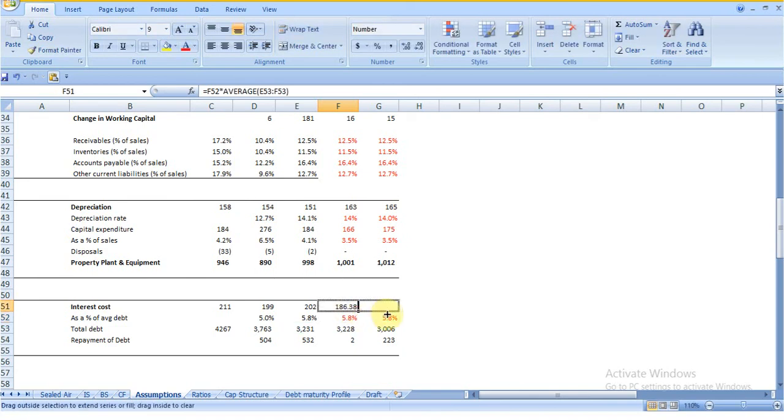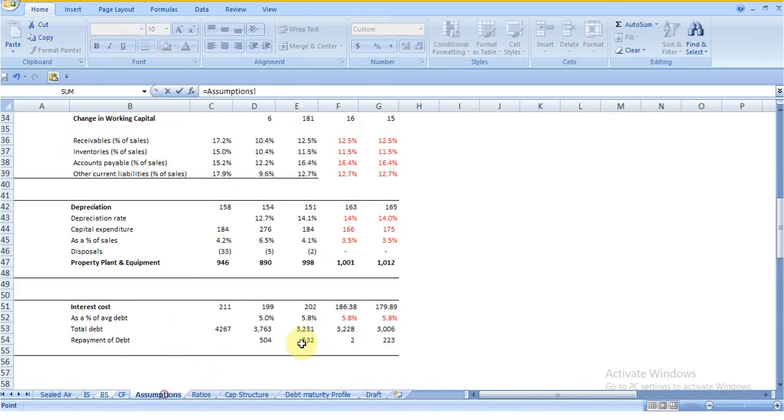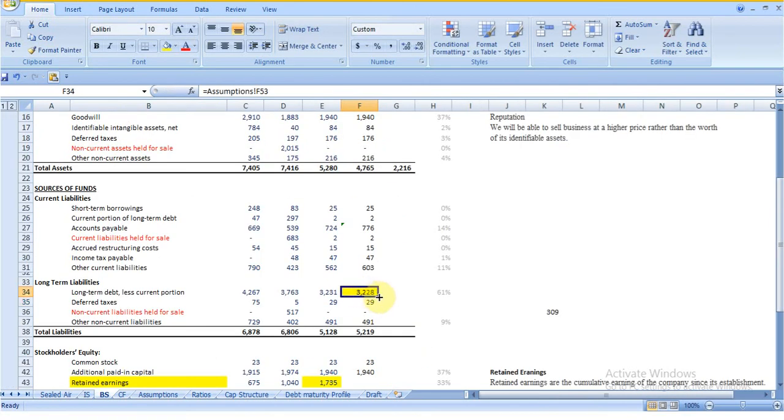And from here I calculated the total debt amount at the end of 17, 18 and 19. I'm going to plug in these numbers in the balance sheet, which is very easy. I'll just link it. I will plug this number here and I'll drag it, which will give me the 2019 figure as well.